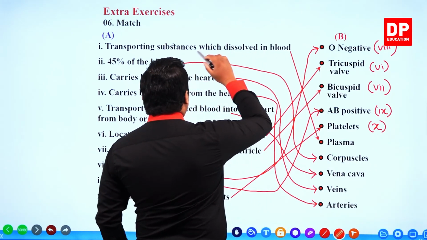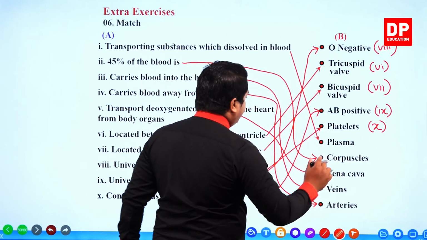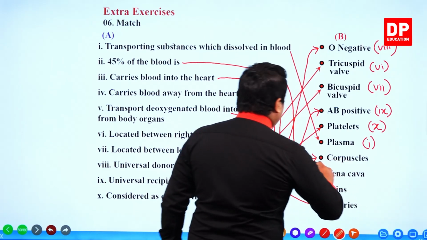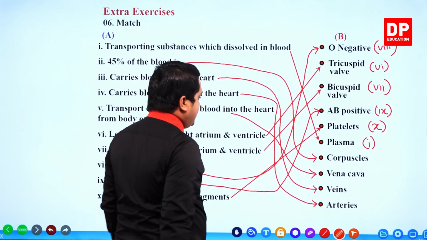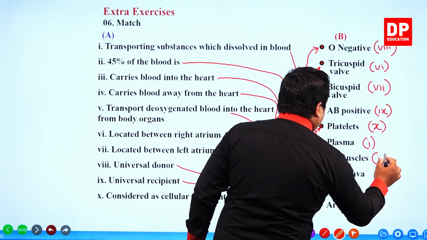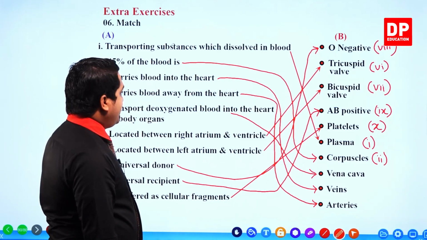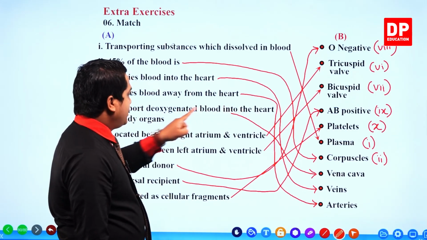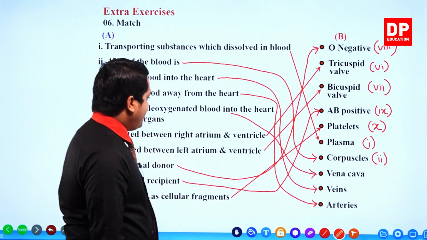Plasma is transporting substances dissolved in the blood. Number 1. Corpuscles, 45% of the blood is contained in corpuscles. Red blood cells, white blood cells and platelets are the corpuscles. Then vena cava, they transport deoxygenated blood into the heart from the body organs. Vena cava, number 5.